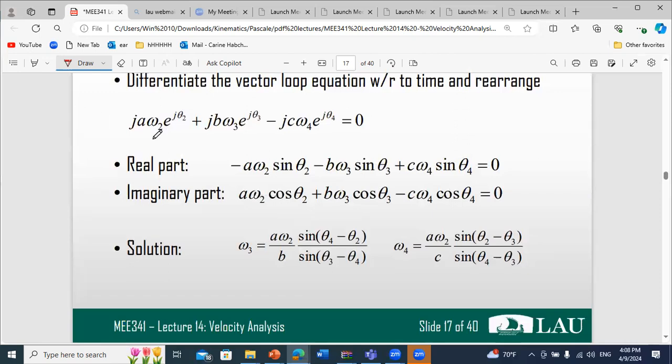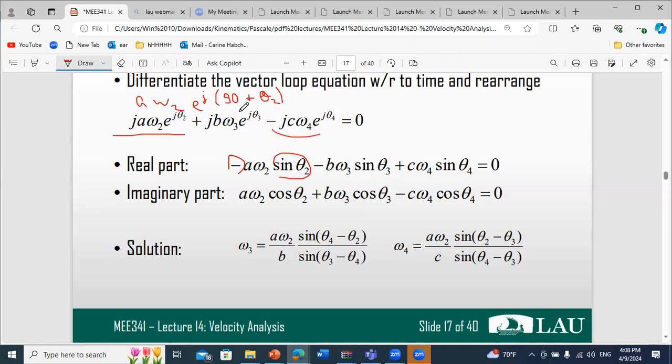Okay. So here, for example, as we said, this is similar to A omega 2 times e^(j(90 plus theta 2)). And you know that the real part of this vector is A omega 2 times cosine(90 plus theta 2). And cosine(90 plus theta 2) is equal to minus sine theta 2. Now, for this vector, the real part is minus B omega 3 sine theta 3.